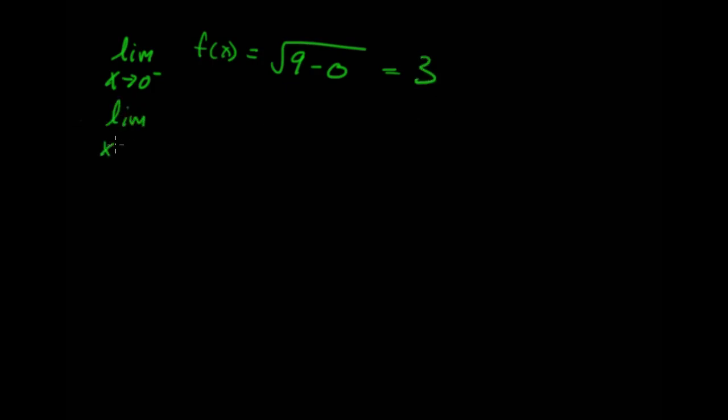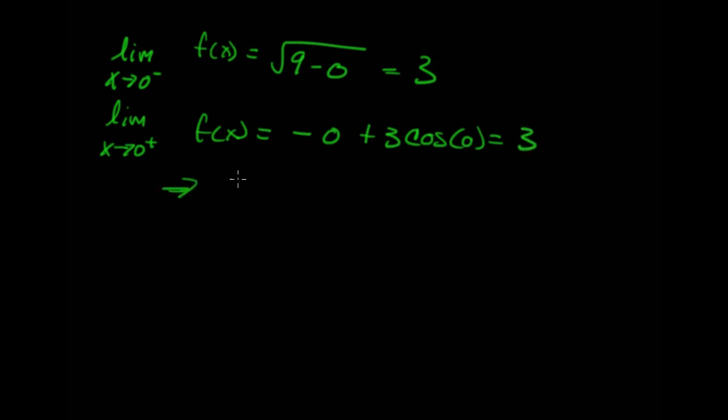We take the limit as x approaches 0 from the negative side of f of x, and that's going to be the square root of 9 minus 0, which is 3. And then we check the limit as x approaches 0 from the positive side of f of x, and that's going to be negative 0 plus 3 times the cosine of 0, which is 0 plus 3, so that's going to be 3.